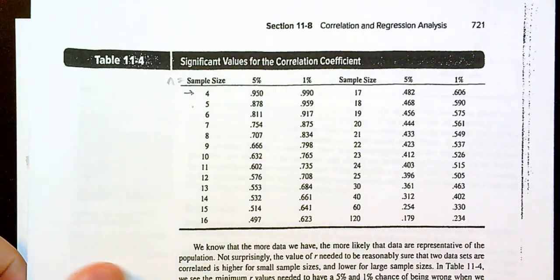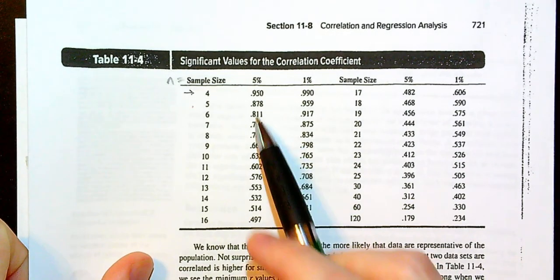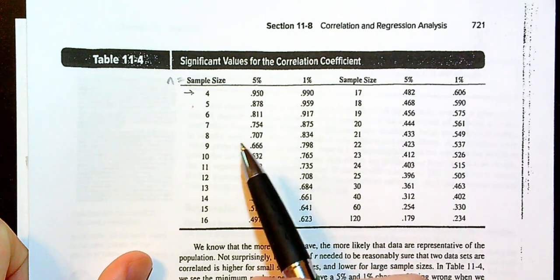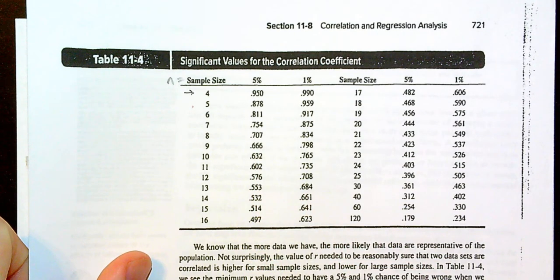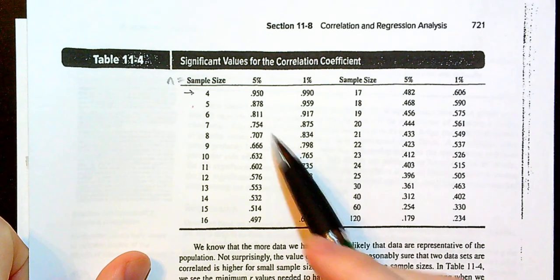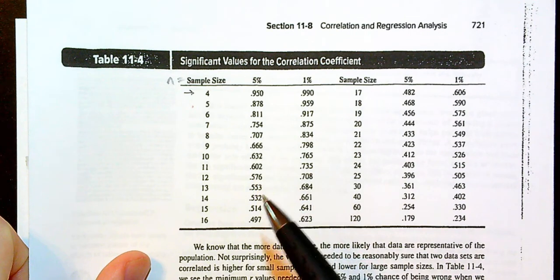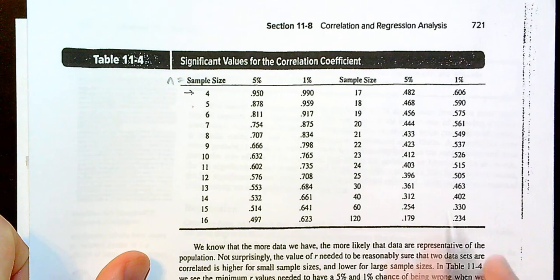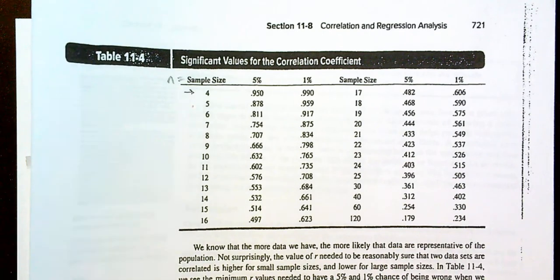If you have an R value that's less than the number in the 5% column, that doesn't necessarily mean that the two quantities aren't linearly related. This is just a way to tell if you can be very sure that the two are.